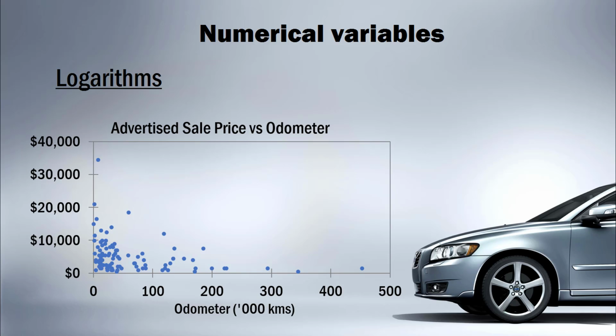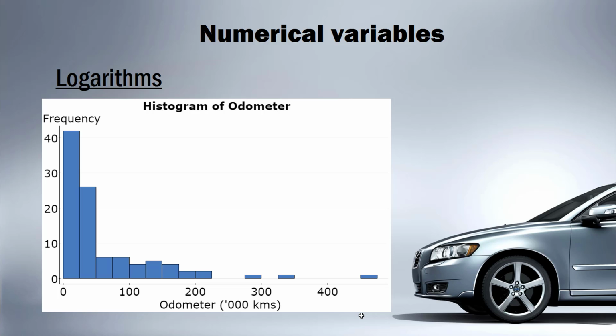So going back to our little scatter diagram of price versus odometer, you might notice that there's a clump of odometer readings down the bottom, but as we get higher on the odometer scale, it gets a bit more sparse. So we only have a few observations up towards these higher odometer readings. And if we were to construct a histogram of odometer, you can see in fact that it's heavily skewed to the right.